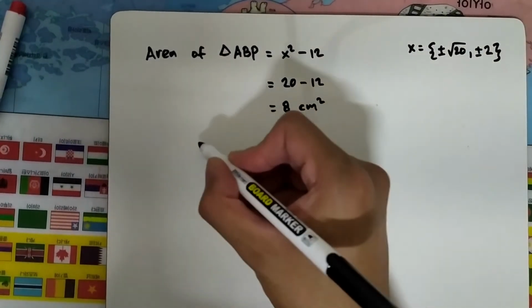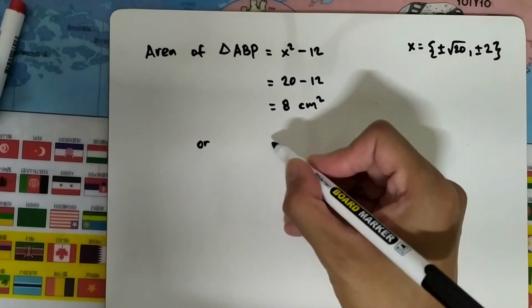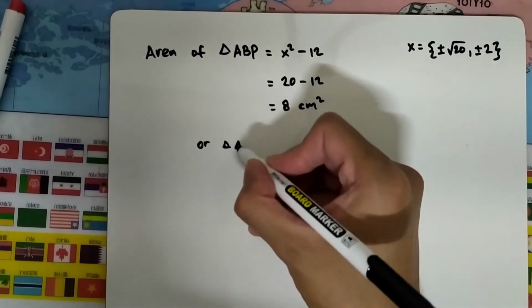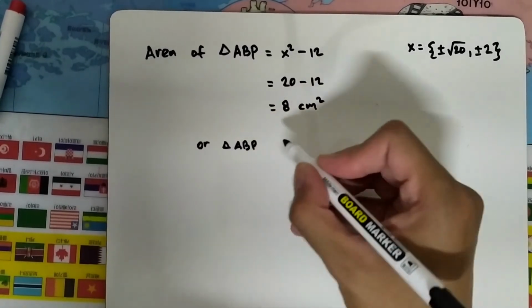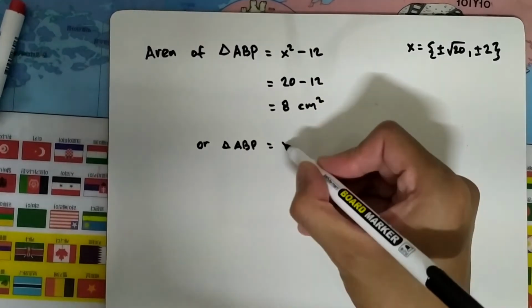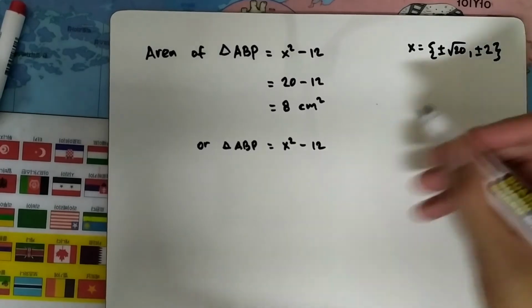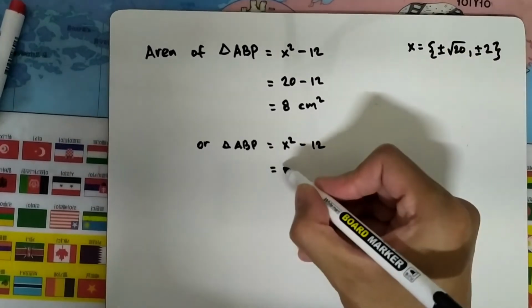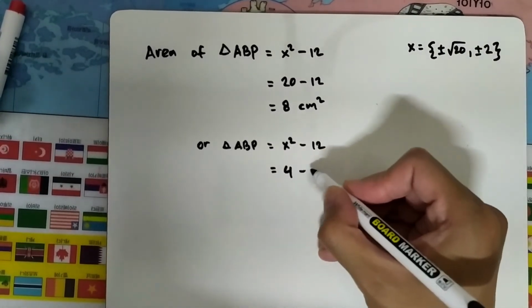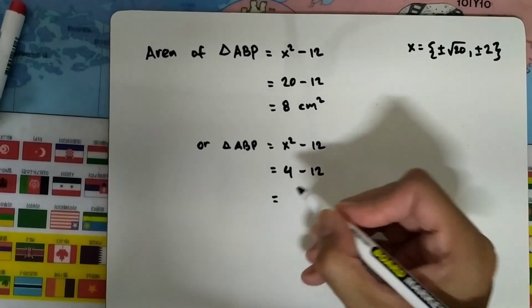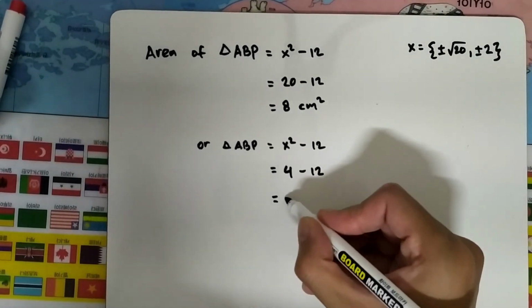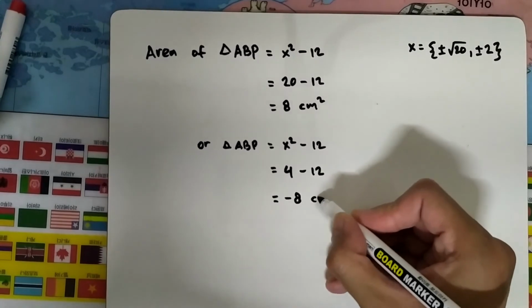Or, if the value is plus or minus 2, we have 4 minus 12, and the area will be minus 8 centimeters squared.